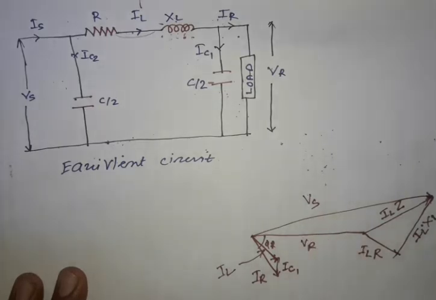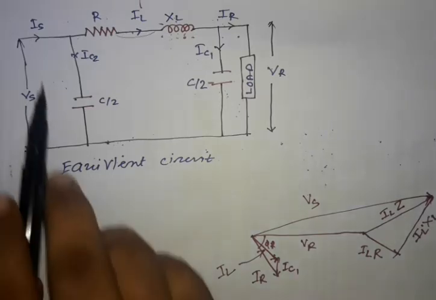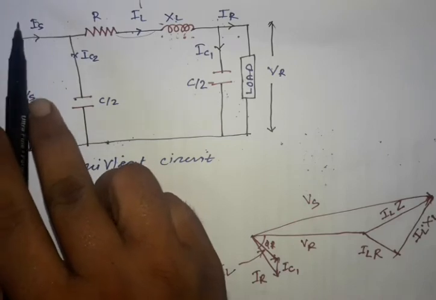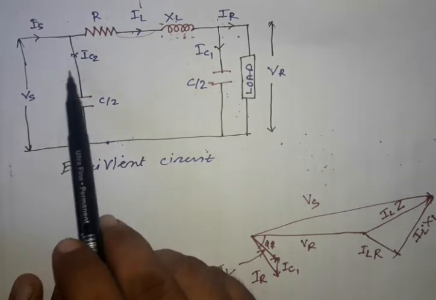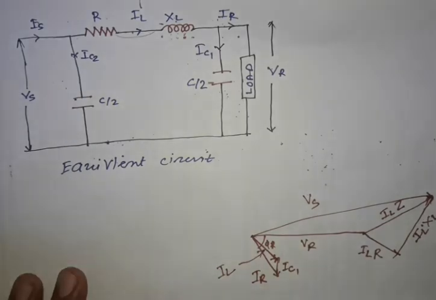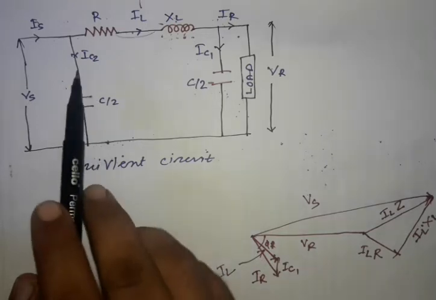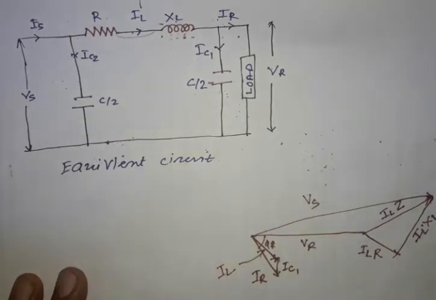Now we find out the sending end current and sending end power factor. In the figure, the sending end current is divided into two parts, current IL and IC2. Here is the current IL, we already found the IL current. Now the capacitor current IC2 is at 90 degrees to the voltage.